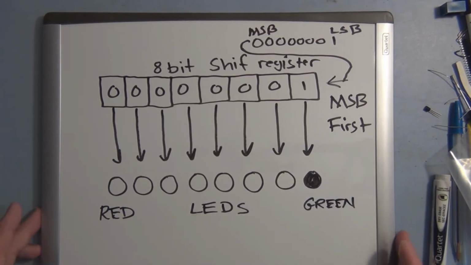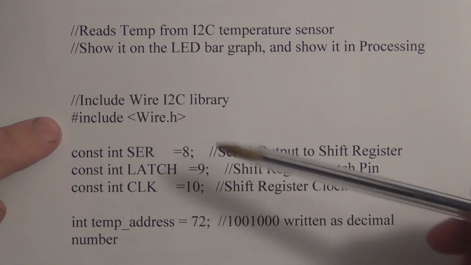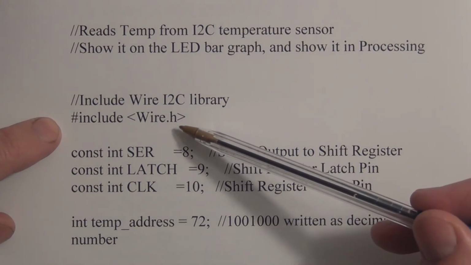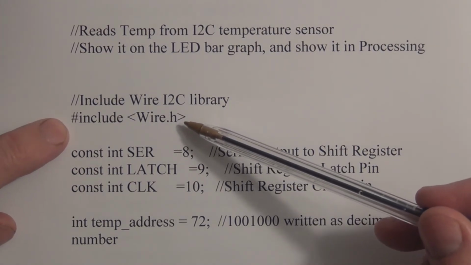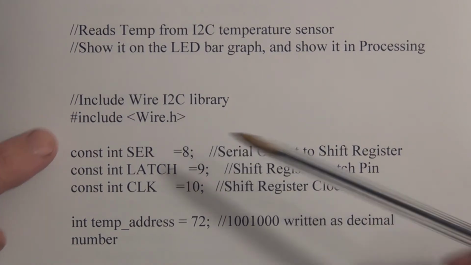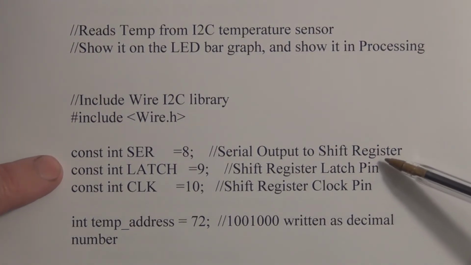So let's take a quick look at the complete program. Like the previous program, we have to start by importing the Wire.h library. So we have include Wire.h. It's the same as the last sketch. And here we set up the variables for the shift register.